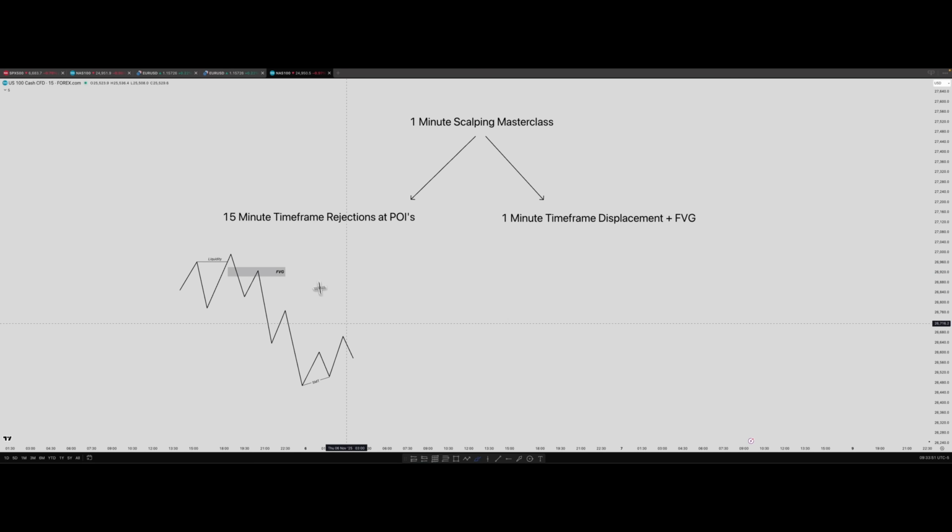So next, after that, we can mark out external, internal range liquidities, clean equal highs, clean equal lows that trap retail traders. These levels are magnets for price, and once they get taken, the market looks to rebalance towards the opposing side. So your job as the trader is simple.